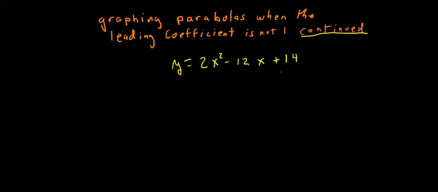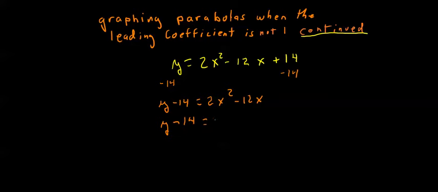I'm going to start by subtracting 14 from both sides. We have y minus 14 equals 2x squared minus 12x. Now, I want to get rid of this 2. Just like when we had a negative 1, we're going to factor that 2 out.